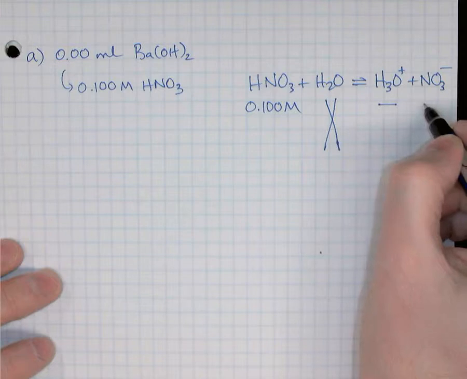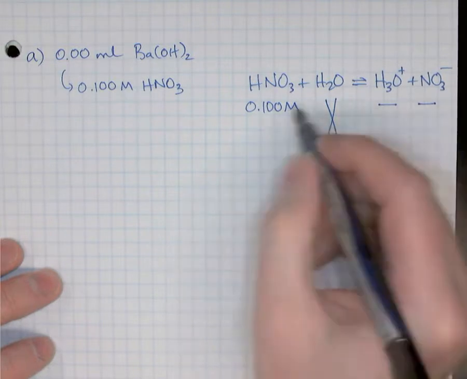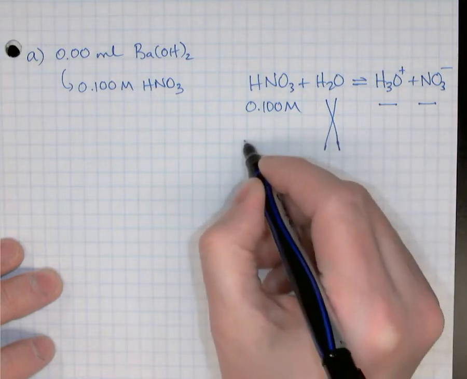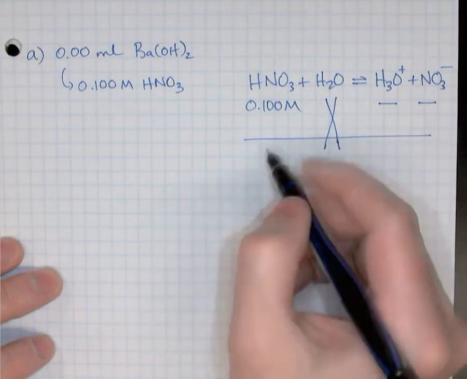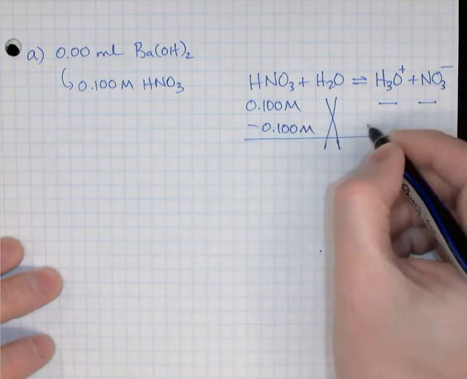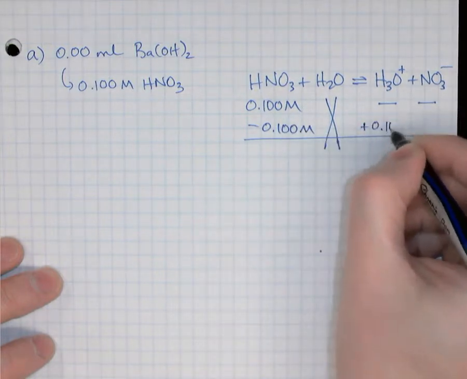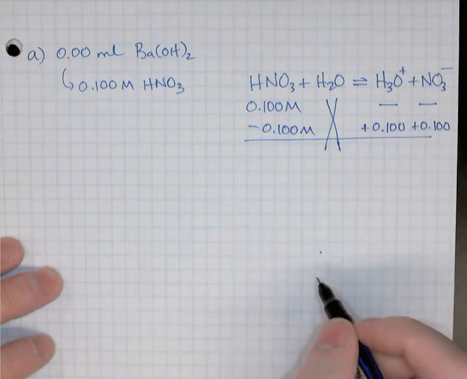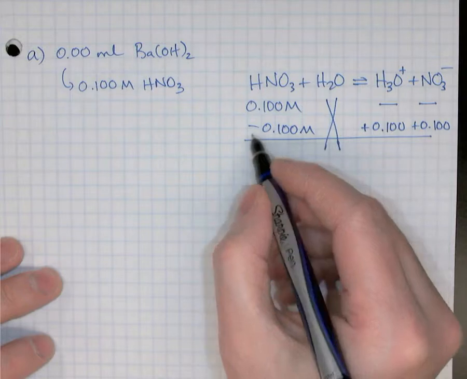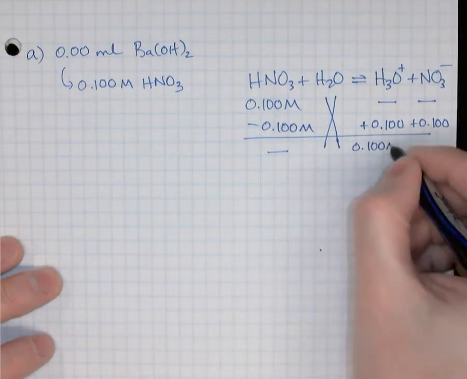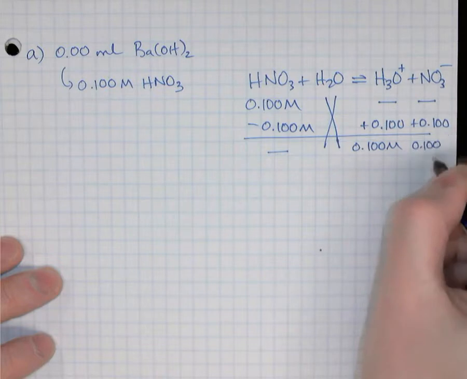In pure water, initially, there is no nitrate. So the nitric acid is dissolved in water. We're assuming these are 0 initially. Since the nitric acid is a strong acid, it dissociates completely. It ionizes completely, so it loses everything. The ratio in the balanced equation is 1 to 1 to 1, so we end up with no nitric acid, 0.1 molar hydronium, and 0.1 molar nitrate.